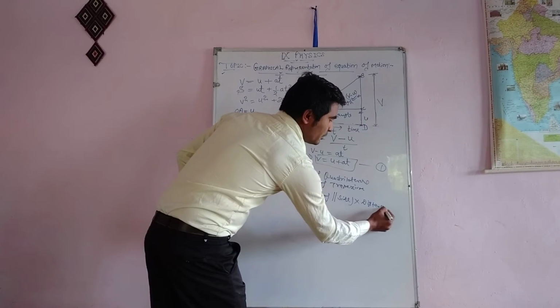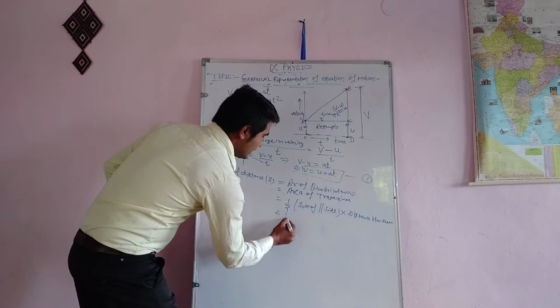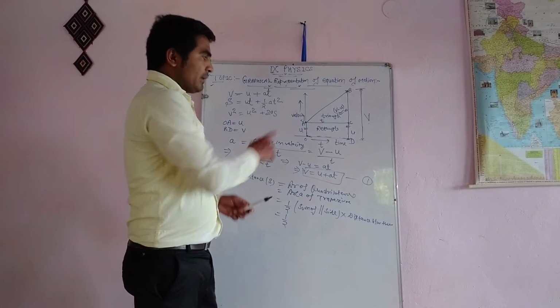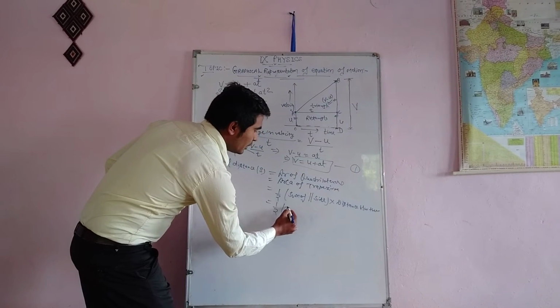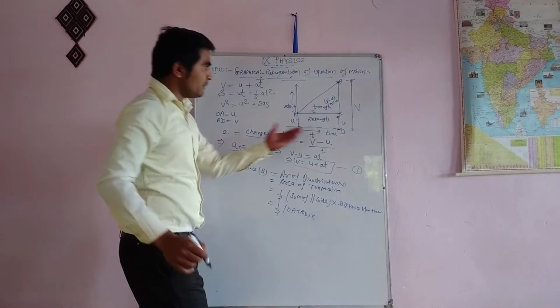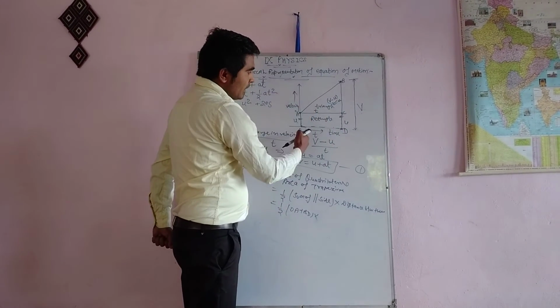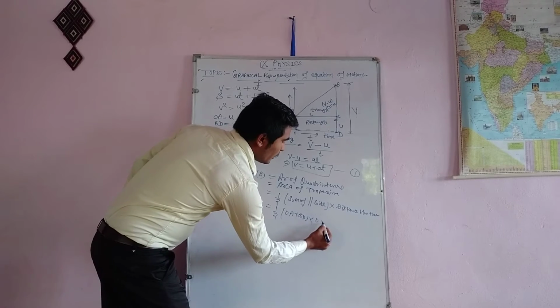Here the parallel sides are OA and BD, and the distance between them is AC or OD.